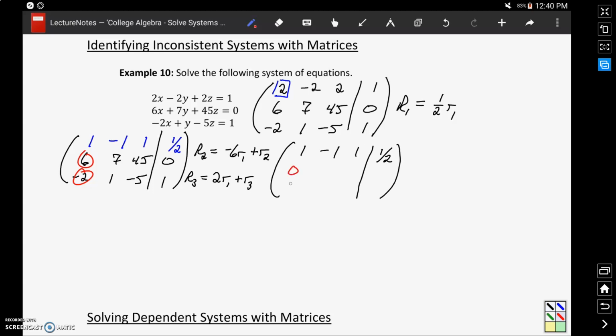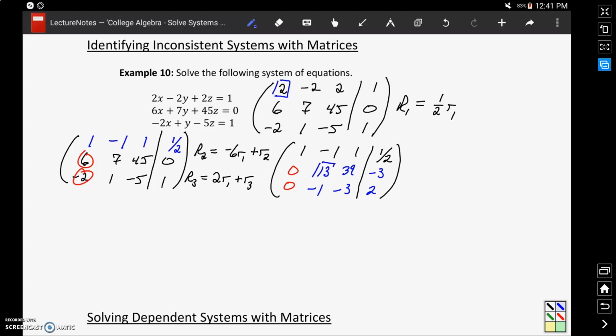So that will zero out all of the values below that 1 that we just created. And update both rows 2 and 3.